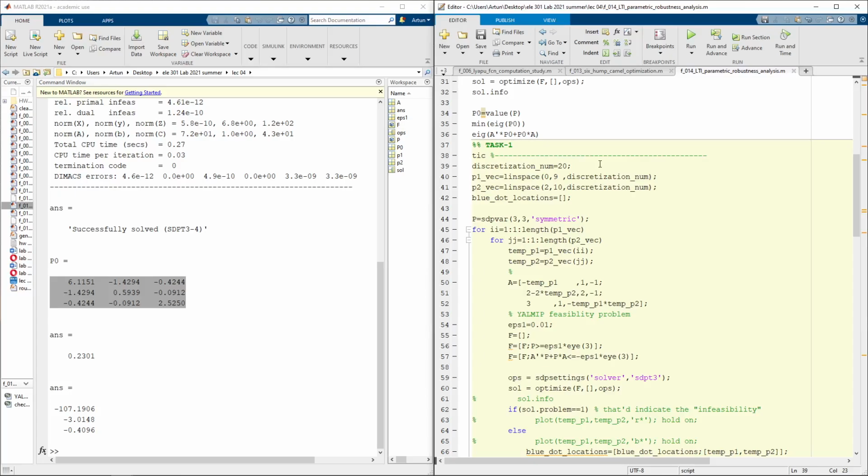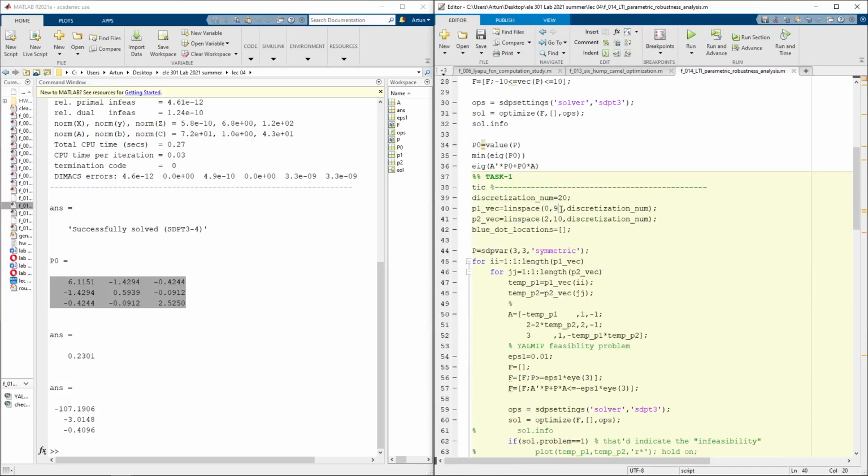And yeah, now we are going to generate that plot. It is again really easy. Discretization numbers. I use linspace to get the values in the p1 vector. Get the p1 values between the valid range that was mentioned before, between 0 and 9, and give me 20 values, linearly spaced in that range.